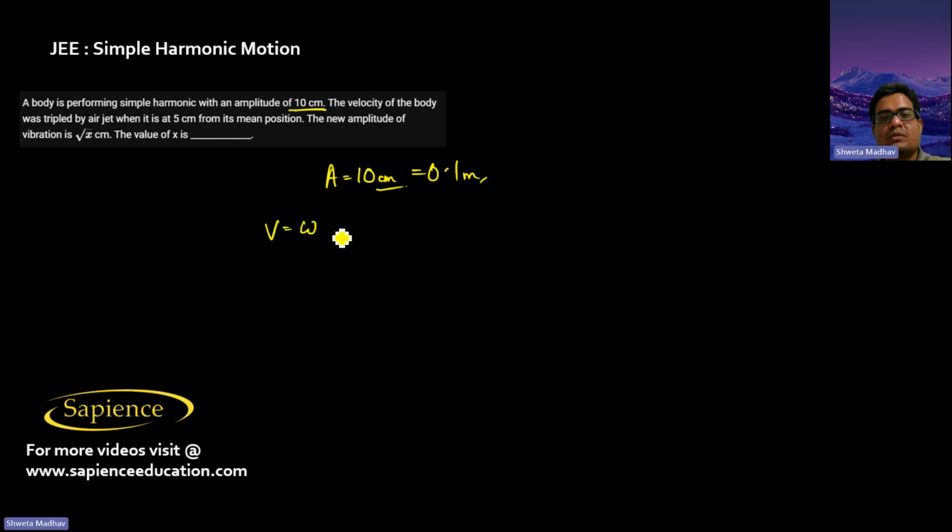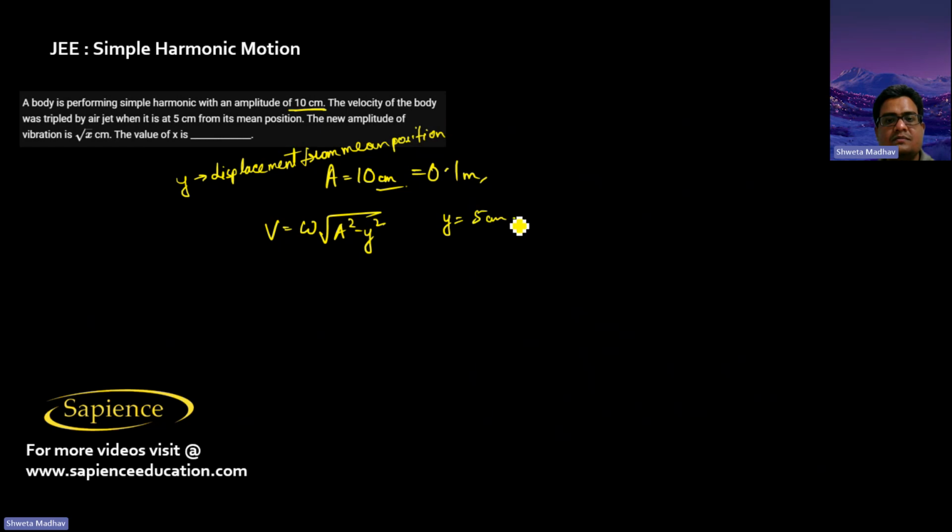So velocity is given as omega root over a square minus y square, where y is the displacement from the mean position, and a is the amplitude. Now it is told the velocity has been tripled. So here y is 5 centimeters.